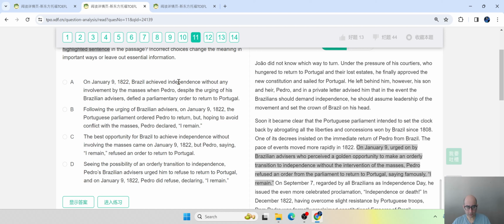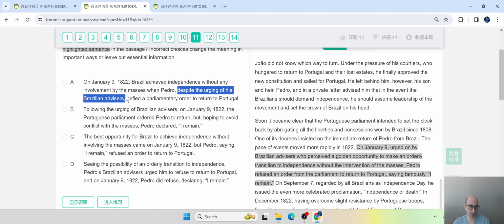So the issue with this one is, be careful, guys, when it comes to certain conjunctions, transition words, specific kinds of devices. So despite is similar to in spite of, however, but, right? It doesn't make sense to apply this word here and say despite the urging of his Brazilian advisors.